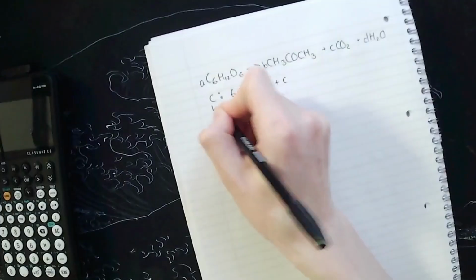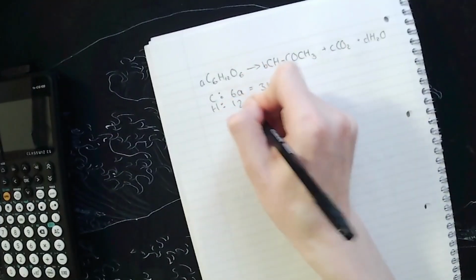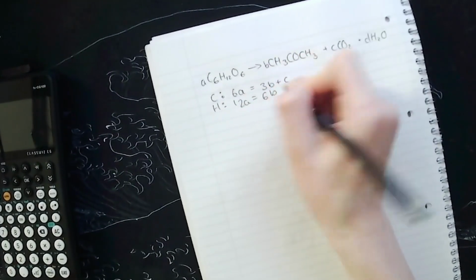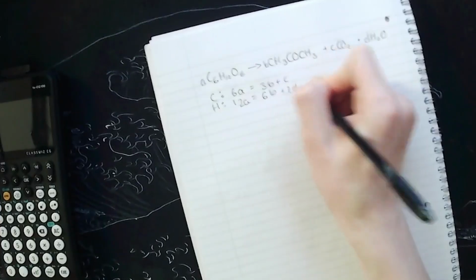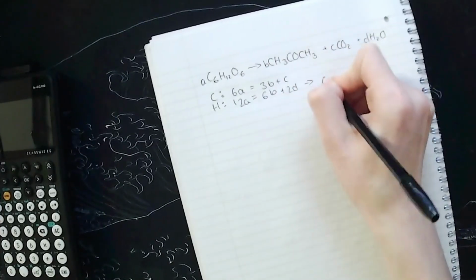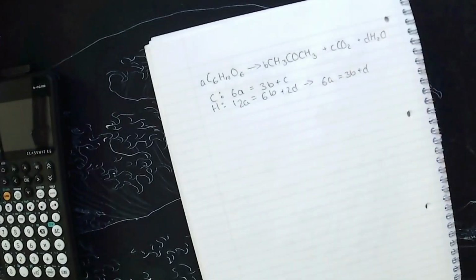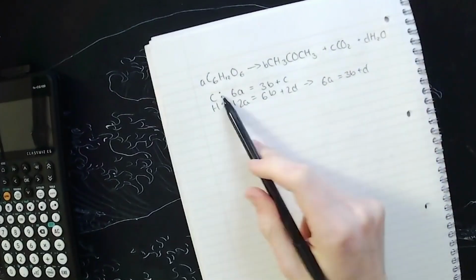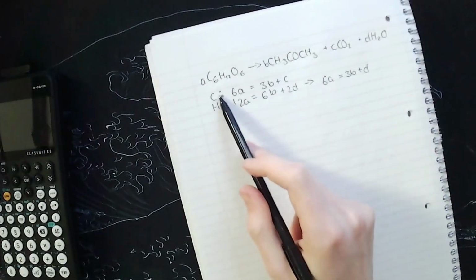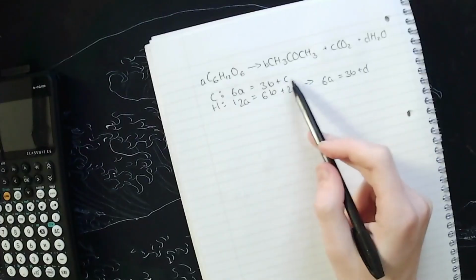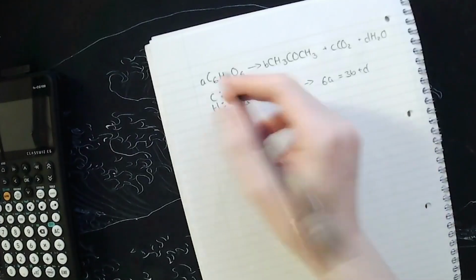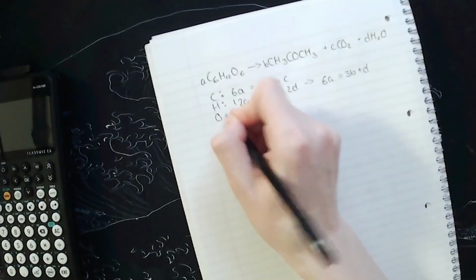Let's do that for hydrogen next, which is 12A is equal to 6B plus 2D. We can simplify this down to 6A is equal to 3B plus D. You can kind of see that the stoichiometry for these C and D will be the same if you just rearrange those in your head.